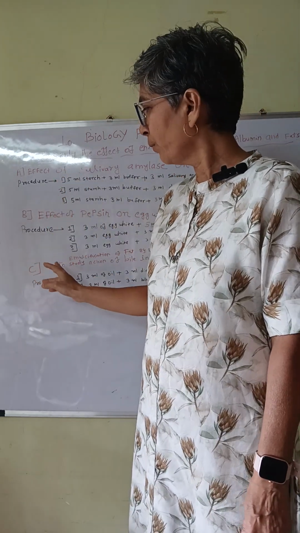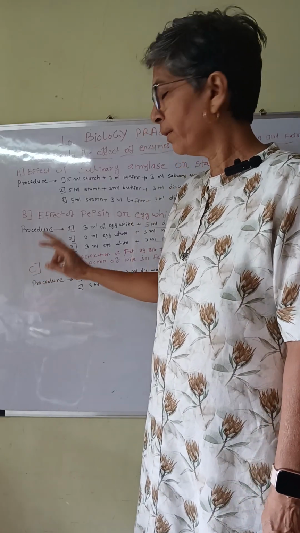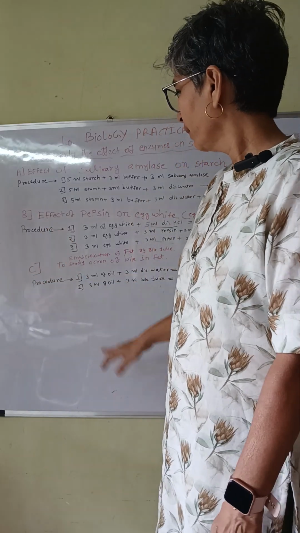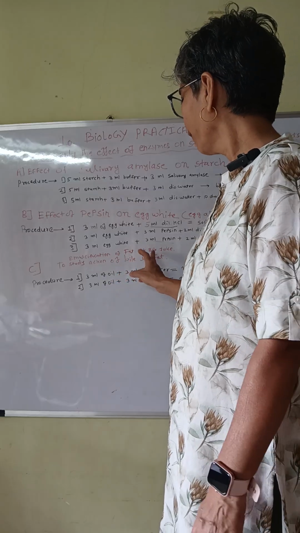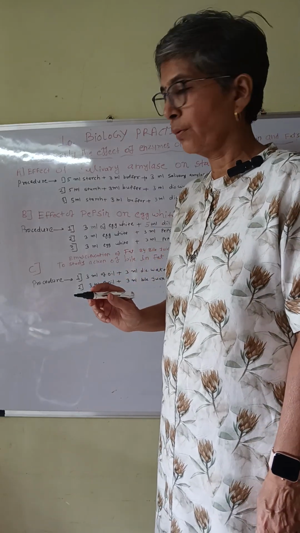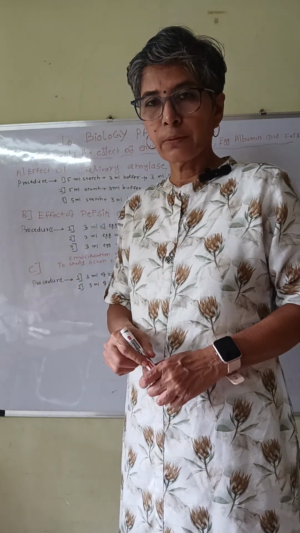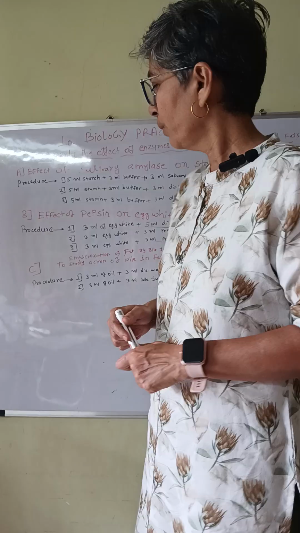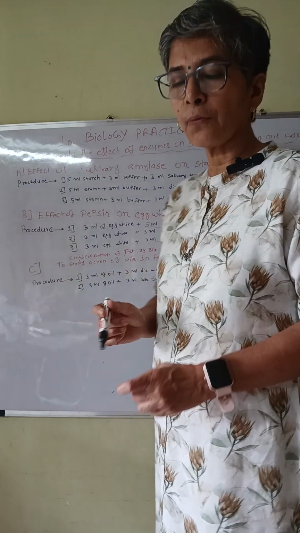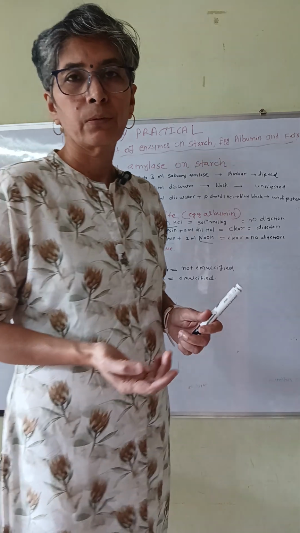Okay, now we are taking activity 3, emulsification of fat by bile juice. Okay, so the aim of this experiment is to study the action of bile on fat.